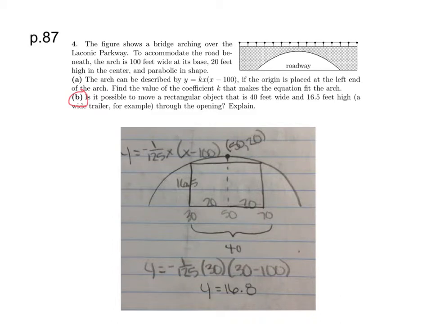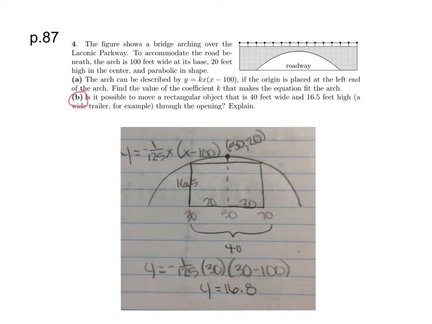Is it possible to move a rectangular object that is 40 feet wide and 16.5 feet high, a wide trailer for example, through the opening? Explain. Well, we plugged in negative 1 over 125 into the equation y equals kx times (x minus 100).